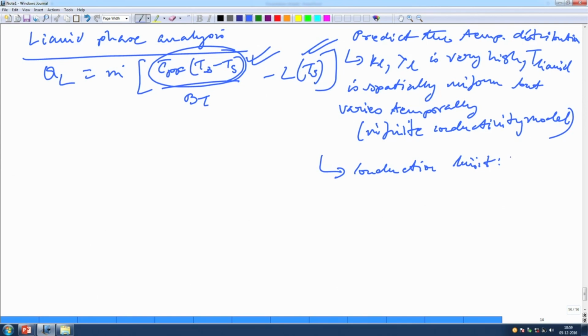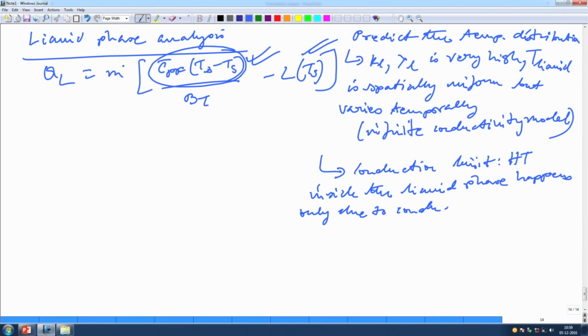So, the conduction limit is that heat transfer inside the liquid phase happens only due to conduction, and of course the surface temperature is uniform. Is that clear? So, these were the two models that we already looked at earlier.